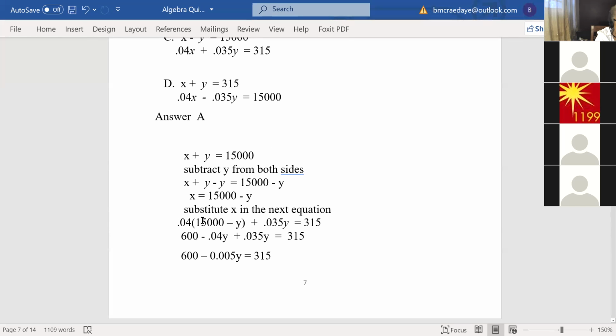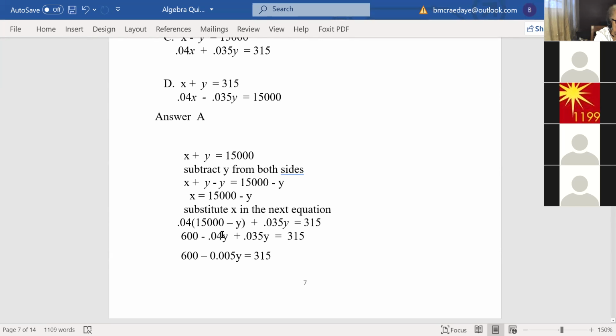Then we took the 0.04X and put 15,000 minus Y, plus 0.035Y is equal to the 315. 0.04 times 15,000, let's make sure that's 600. That's 600, that's correct. 0.04 times minus Y is minus 0.04Y.